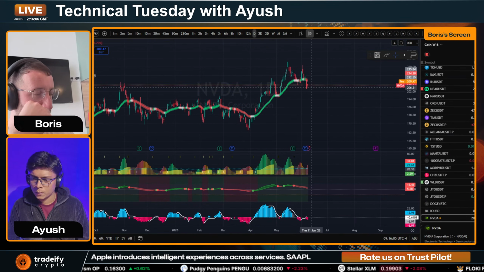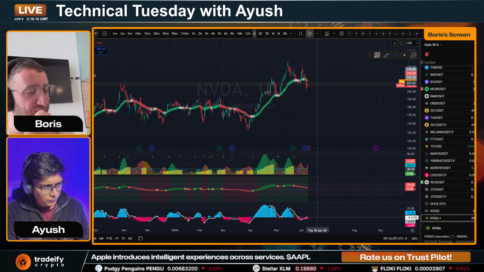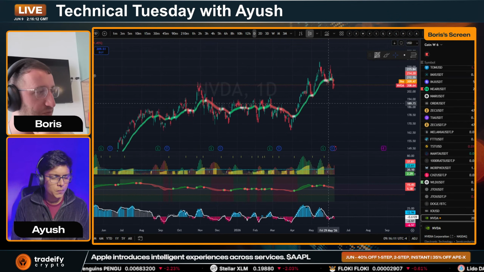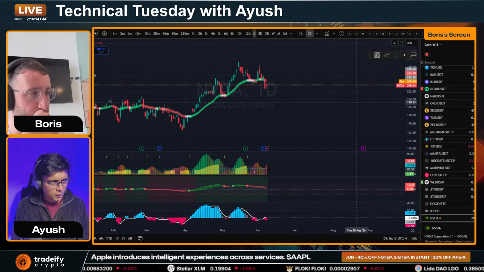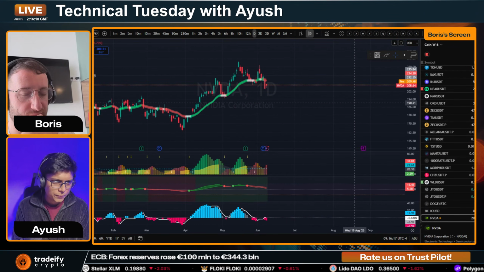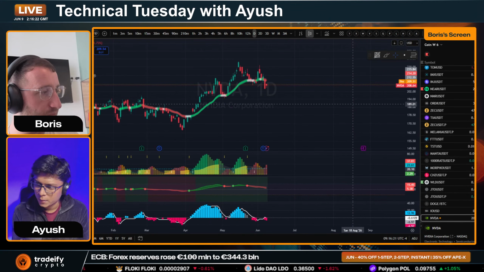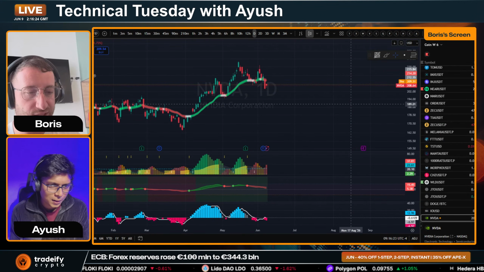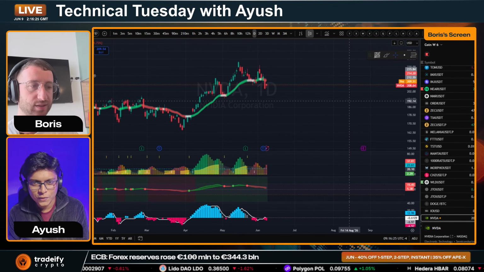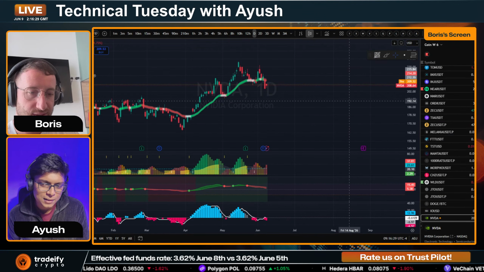Technically, if I was following my system, this would be a short, but I would hate to short a hot stock like NVIDIA. What are your thoughts on NVIDIA? I figured we could talk about this. It just got added to the pairs we can trade. It got added to Tradeify crypto, and it got added to my list.